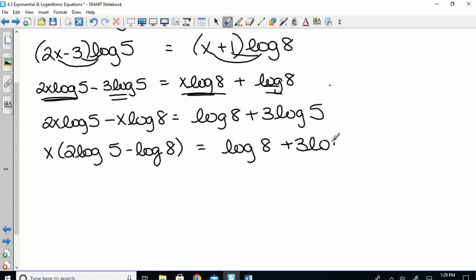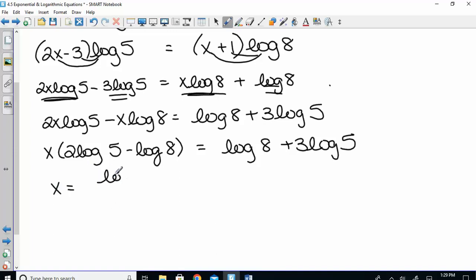If it makes you feel better, these are the longest problems in this whole chapter. Okay, that's good. So now to get x by itself, divide by all of that.